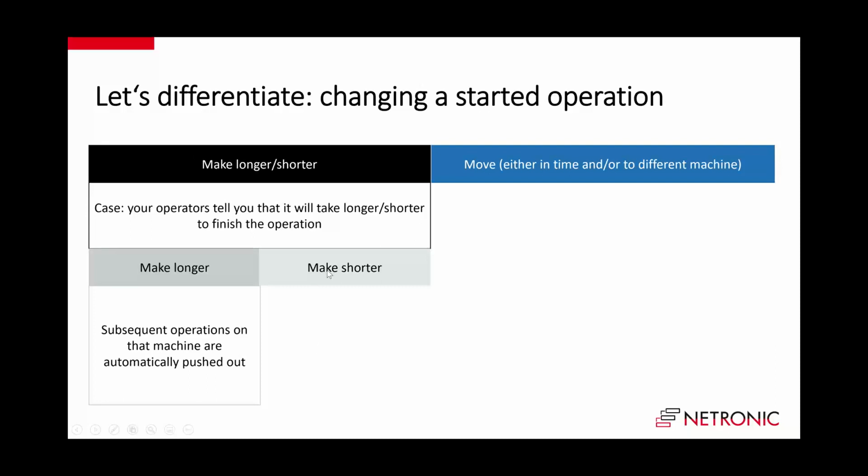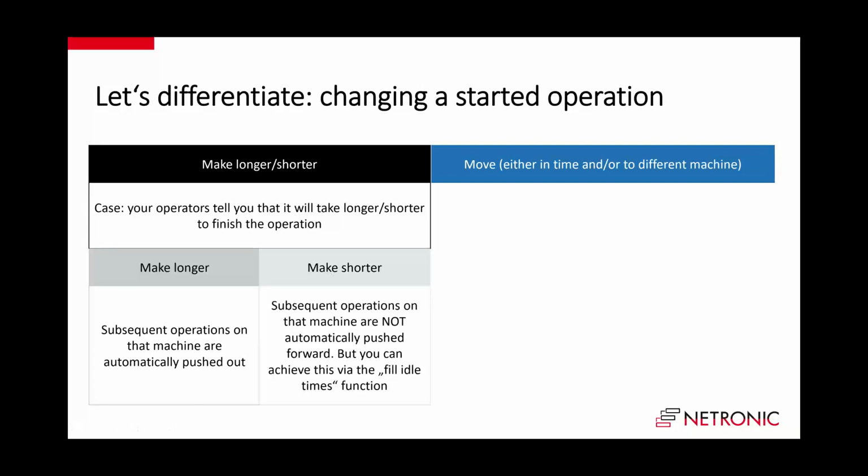If you make it shorter, which we also allow, then we build it in a way that the subsequent operations on that machine are not automatically pushed to the left, pushed forward and started earlier, because the way the VAPS is built, it is a finite capacity forward scheduling, not a backward scheduling.